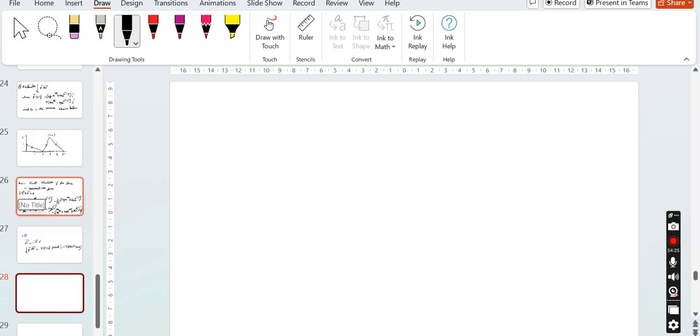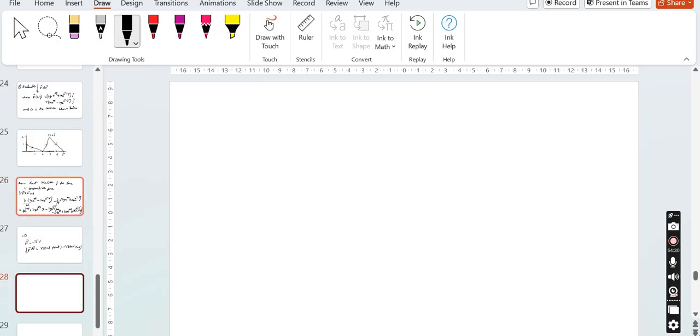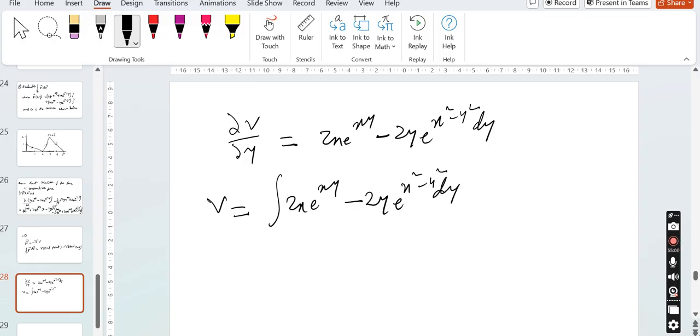Now we can do this otherwise, that we can take del phi del y, which is equal to 2x e to the power xy minus 2y e to the power x square minus y square dy. So phi will be the integral of dy.